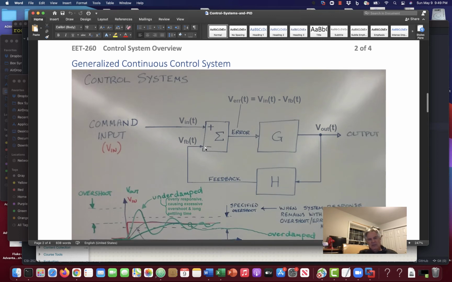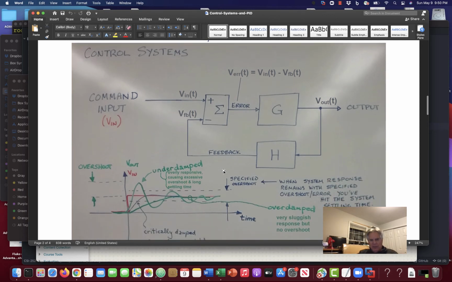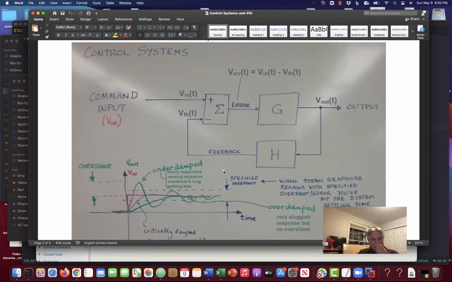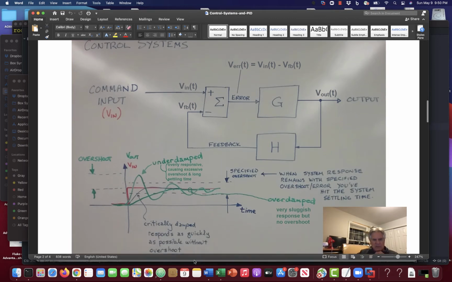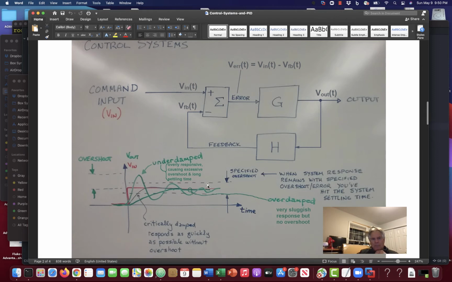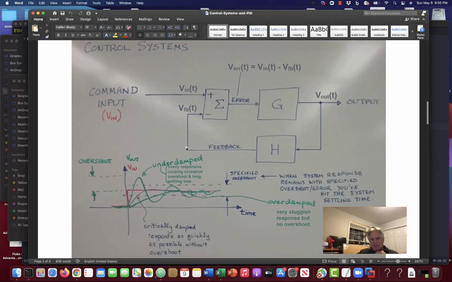it doesn't take too long before we have to deal with the generalized continuous control system, and that looks kind of like this whiteboard diagram. In here, let me make the screen a little bigger. In this kind of system, you have a command input, and let's pretend this is all an analog system, and we haven't talked about microcontrollers yet.